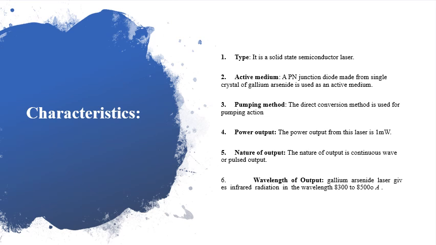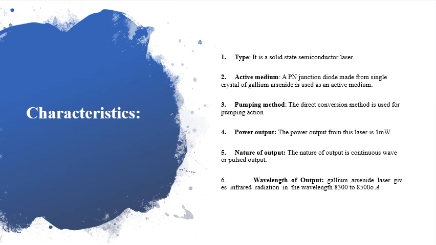Whenever we study the semiconductor laser, we must know it has very extraordinary characteristics. Of course, it is a solid state semiconductor laser, and the active medium is a PN junction diode made from a single crystal.